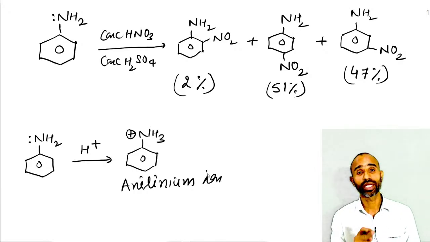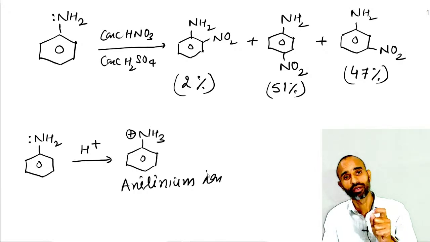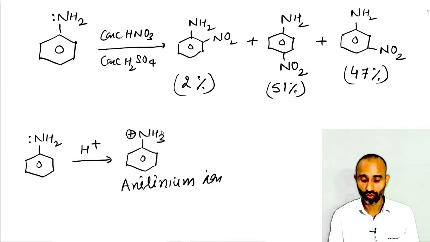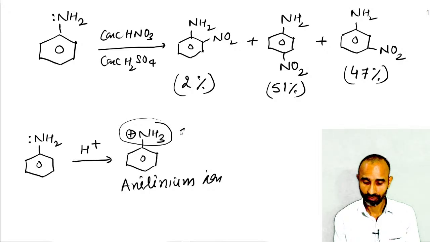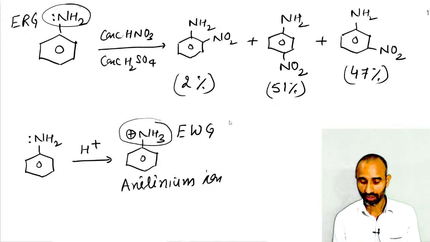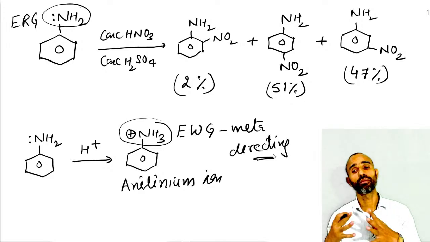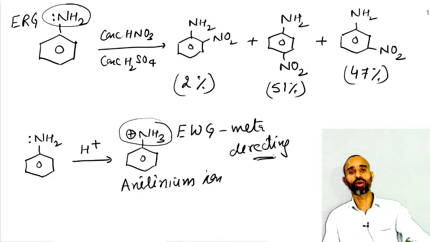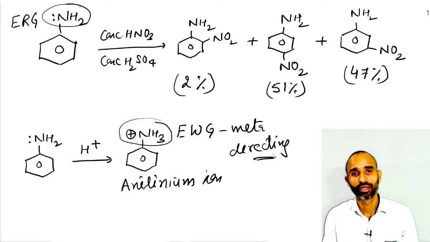Like I said, O negative and CO negative are electron releasing groups. NH3 positive is an electron withdrawing group. This one is an electron releasing group. So that's why this is meta directing. So due to the formation of anilinium ion, we get meta product in significant amount. Got it?